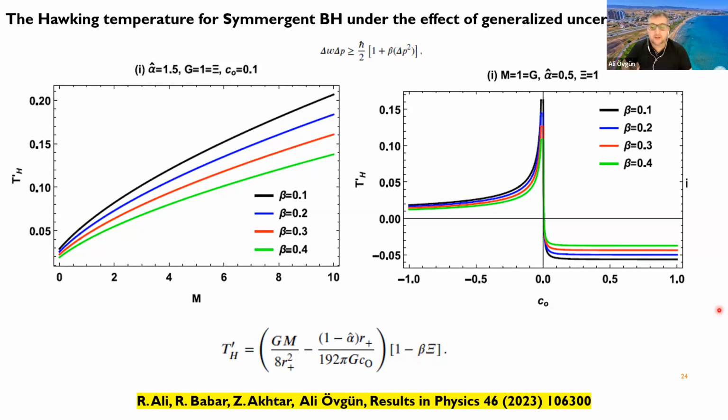The Hawking temperature decreases as we increase the value of the correction parameter beta. So when beta is increasing here, you can see that the Hawking temperature is decreasing.